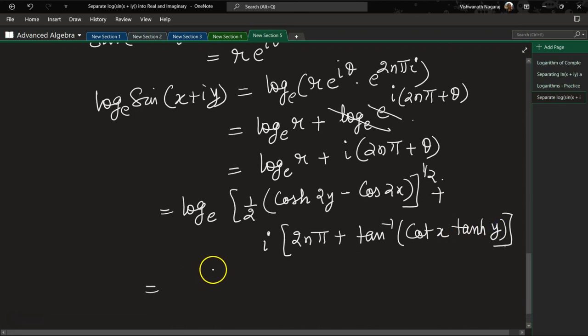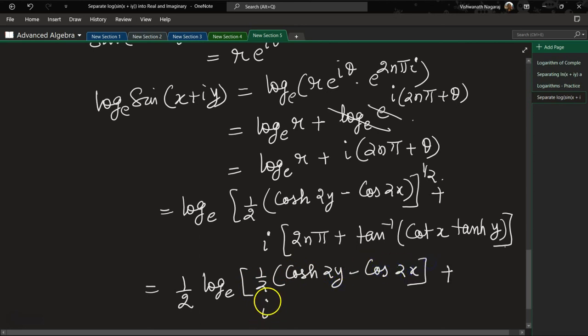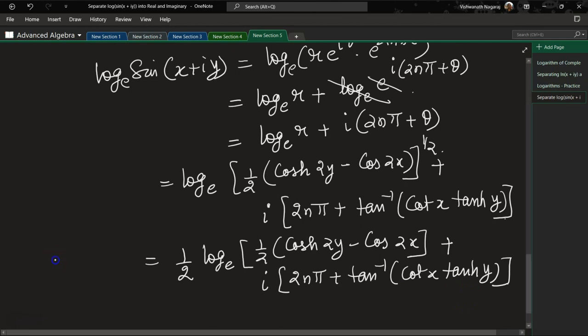Finally, we can bring the exponent down because of the log rules: 1 by 2 log e of 1 by 2 times cosh 2y minus cos 2x plus i times 2n pi plus tan inverse of cot x times tanh y. So here we have split this into the real part and the imaginary part.